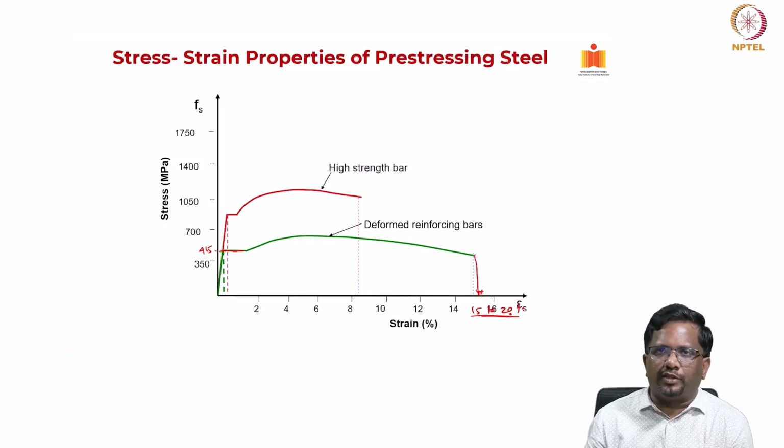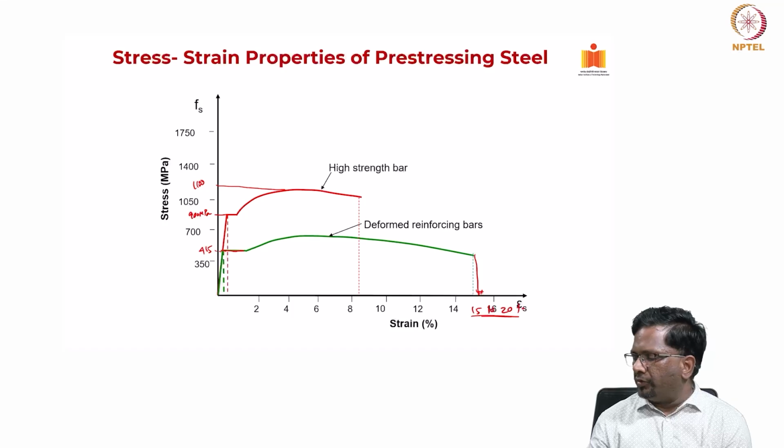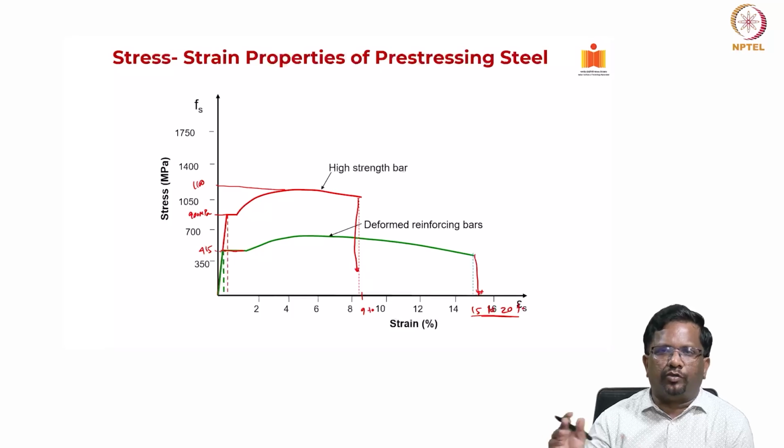Now, if I take high strength bar, which is also used, okay, what we have is roughly about 900 megapascal or so will be the strength. Again, then this will go about 1100 or so. But what you see here, it is going to fail at a much lower strain, about 9% or so, right. Of course, these numbers are very tentative.